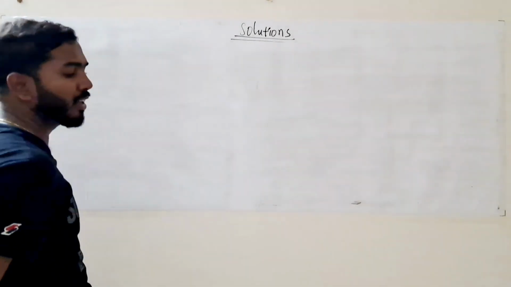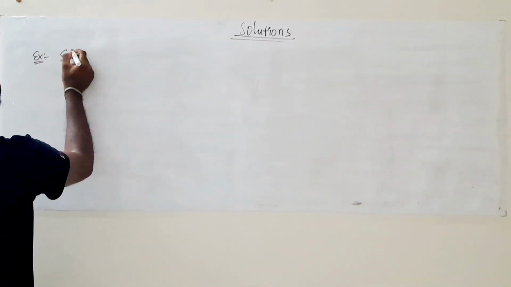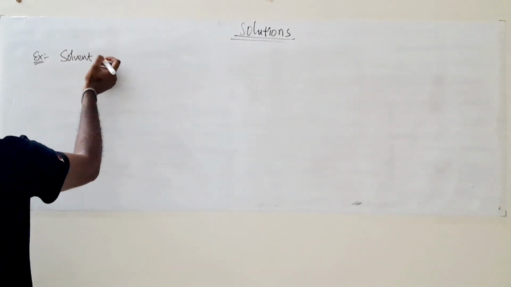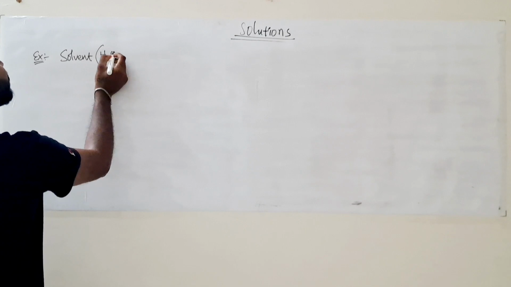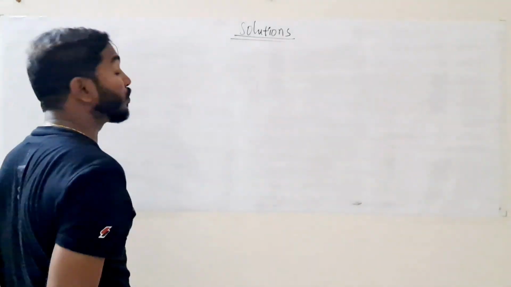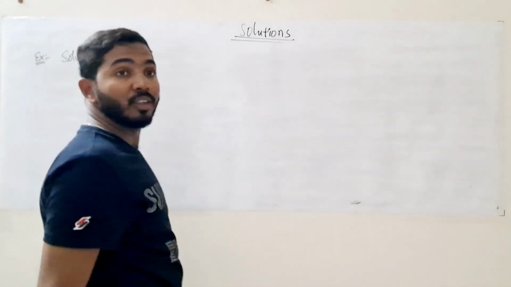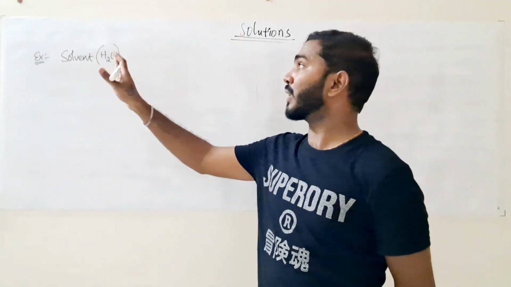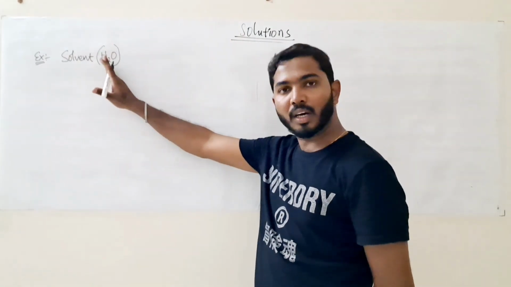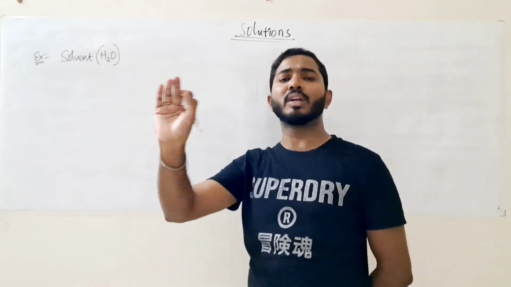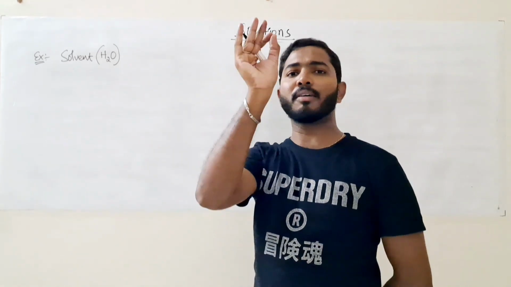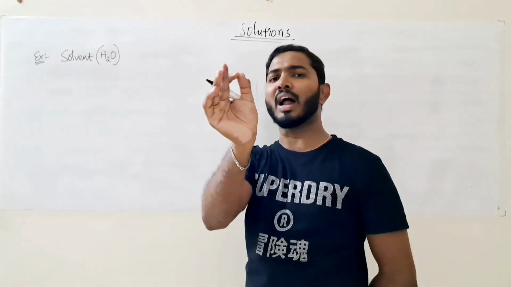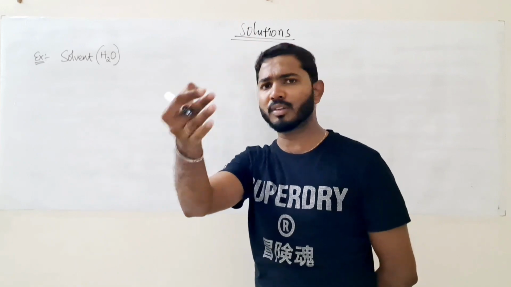I have taken a solvent, a simple, universal solvent, that is water. Let us imagine this water can dissolve a maximum of 1000 grams of either salt or sugar, which is our solute.